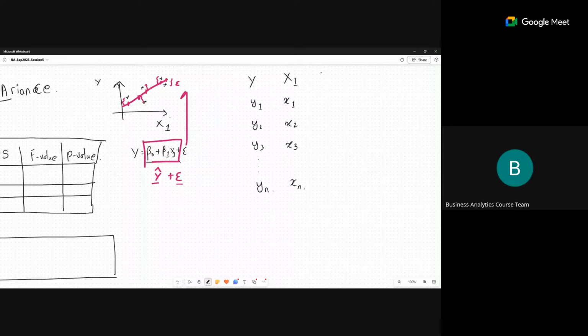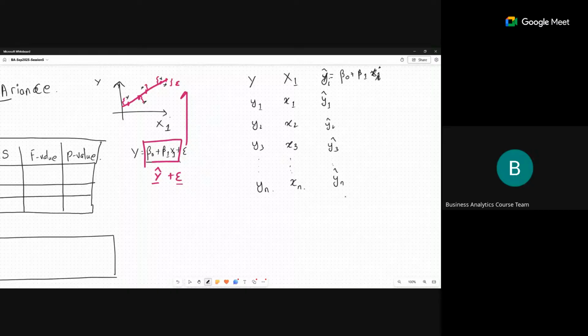I make a prediction y hat: y1 hat, y2 hat, y3 hat, yn hat. How is this got? This is got as beta naught plus beta 1 x1, so that will give me yi hat is equal to beta naught plus beta 1 xi.